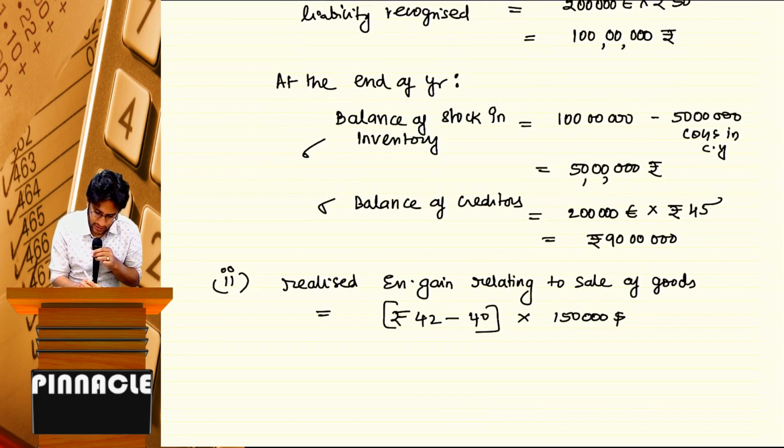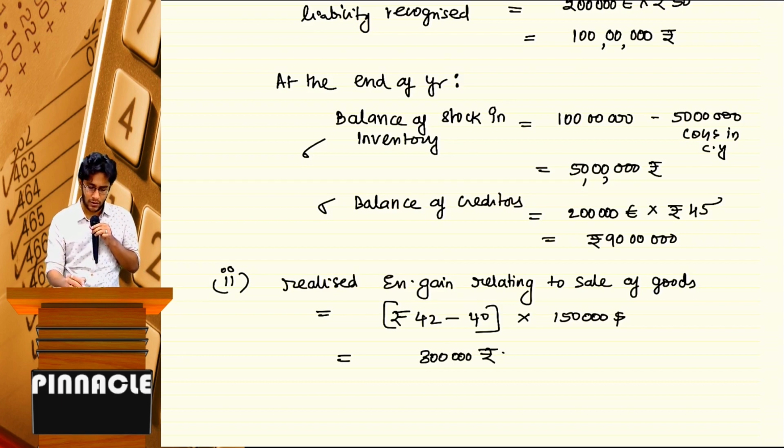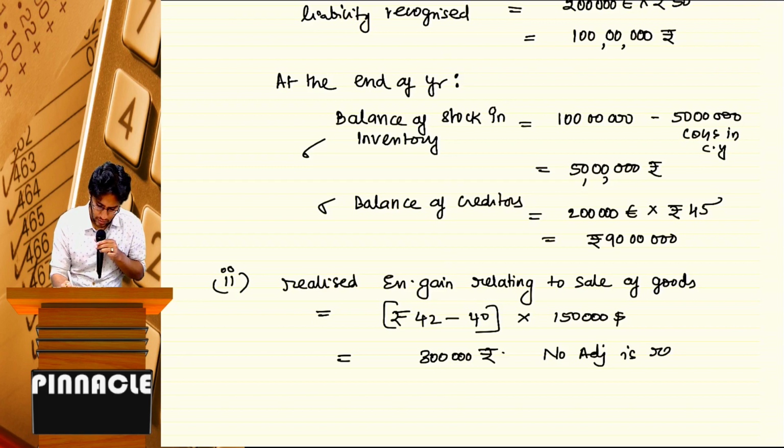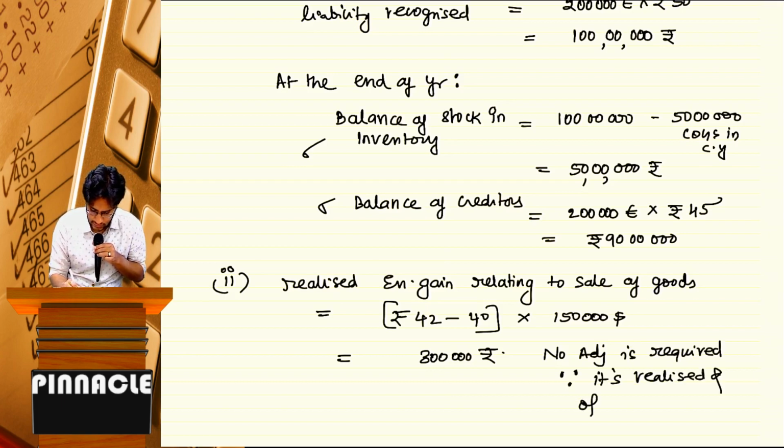If these small adjustments are there, they'll come for good marks. Like easy pickings, for example, 3 lakhs. No adjustment is required since it is realized and also operating in nature.